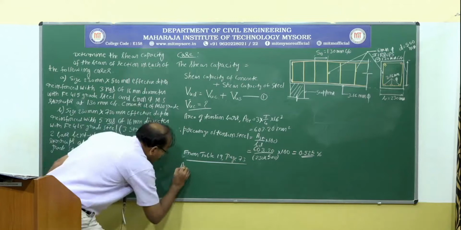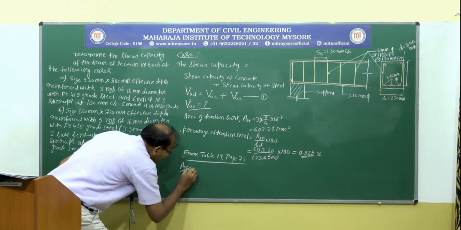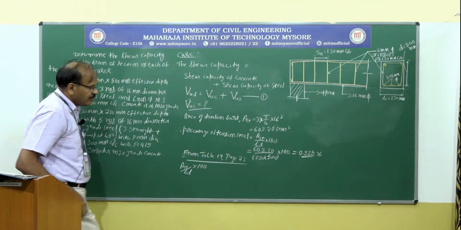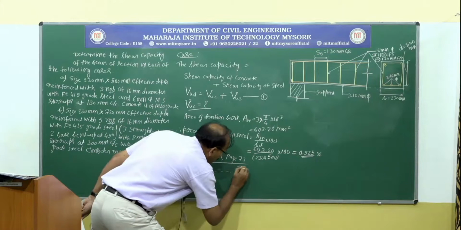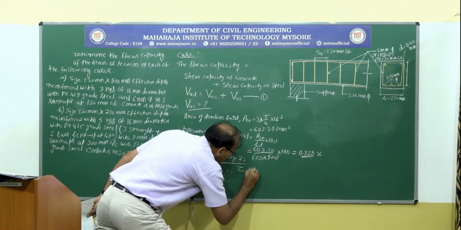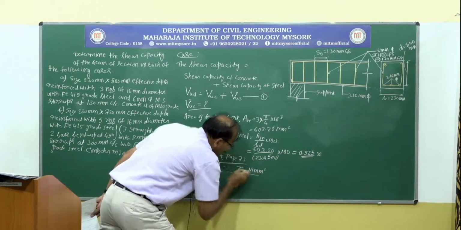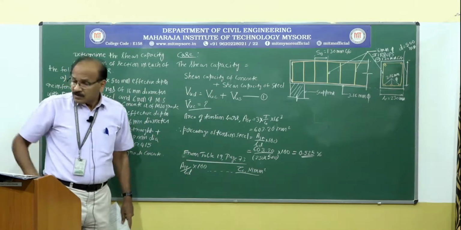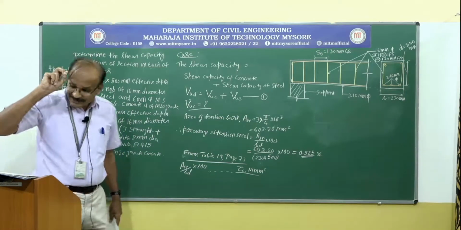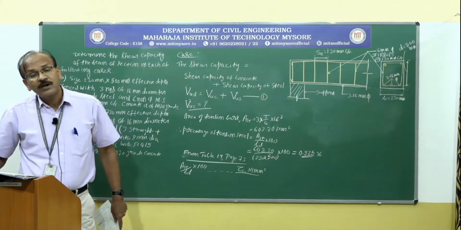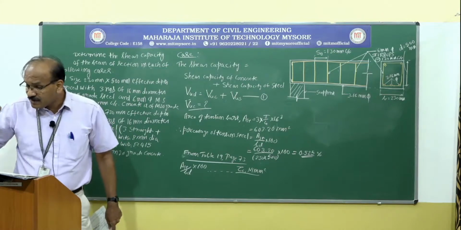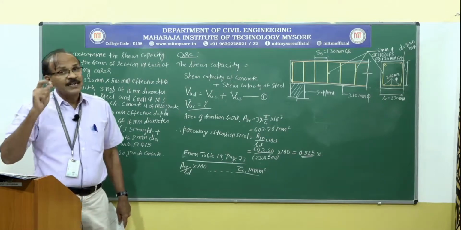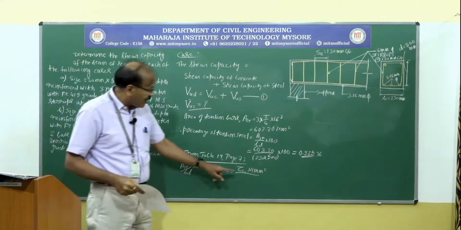So 100 AST by BD, that is 100 multiplied by AST divided by BD, and tau C in Newton per millimeter square. That is the shear strength of concrete. So again, if you go back to the table 19, if you look at the top, it says table 19 design shear strength of concrete. What is the symbol? They have used tau C as a symbol, and that is the one I am using here.